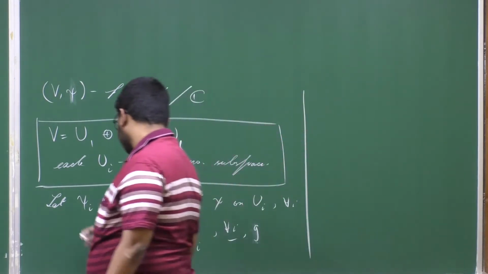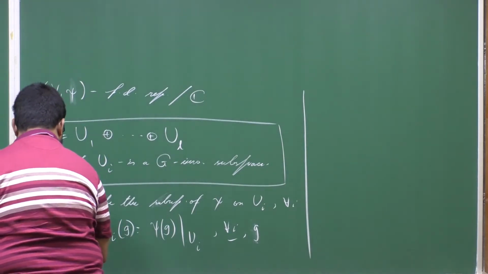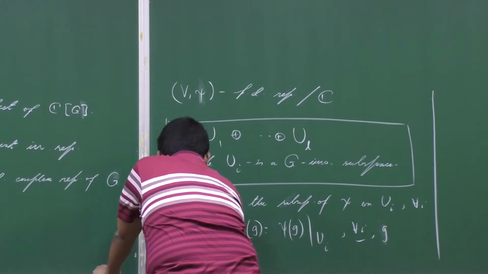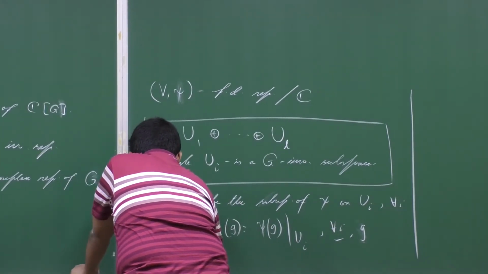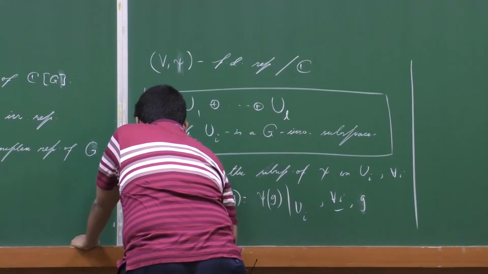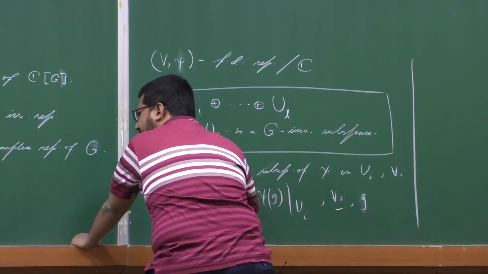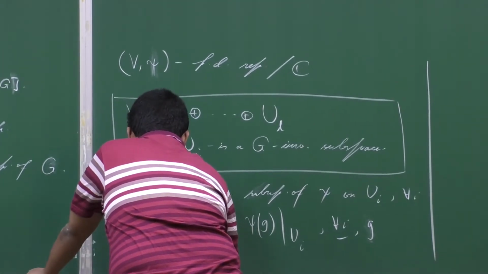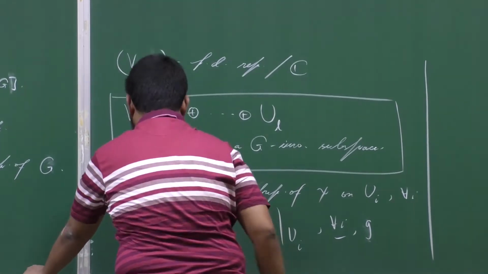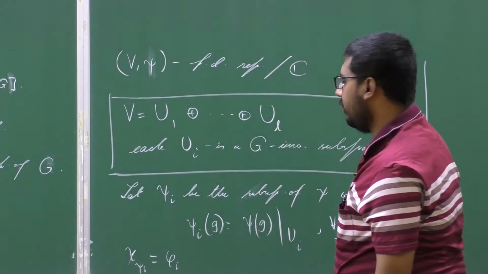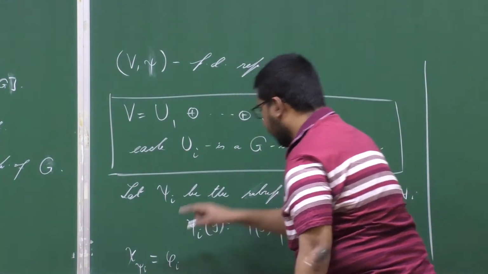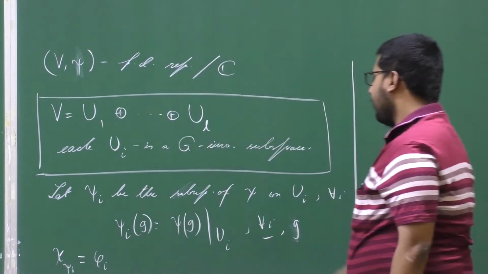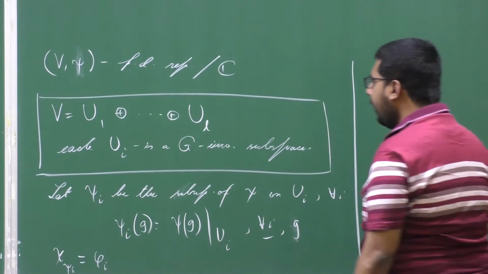Let us also denote the character of psi i by phi i. I hope I have not used this notation here. So phi i is the character of psi i.